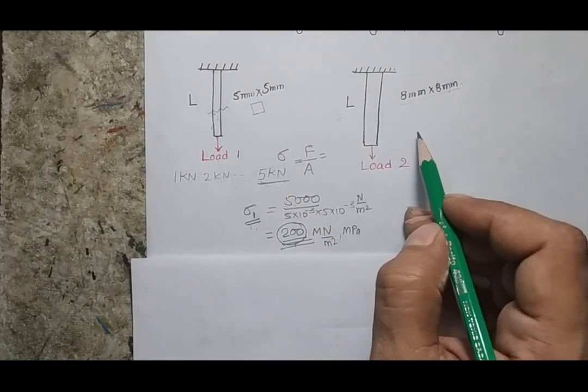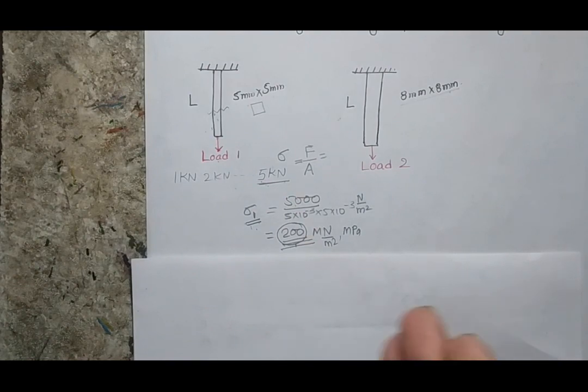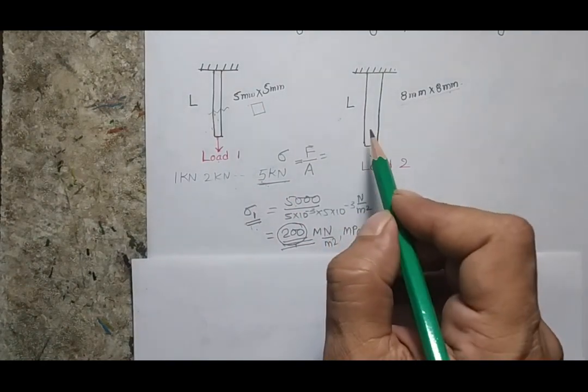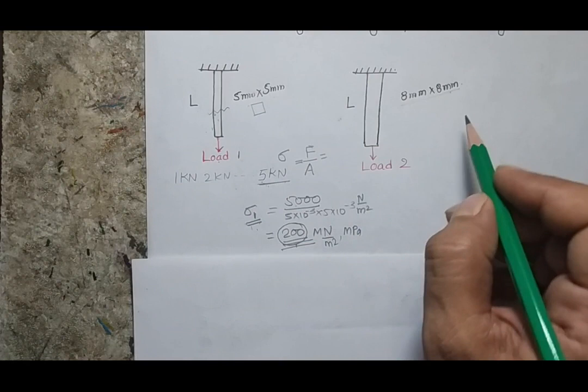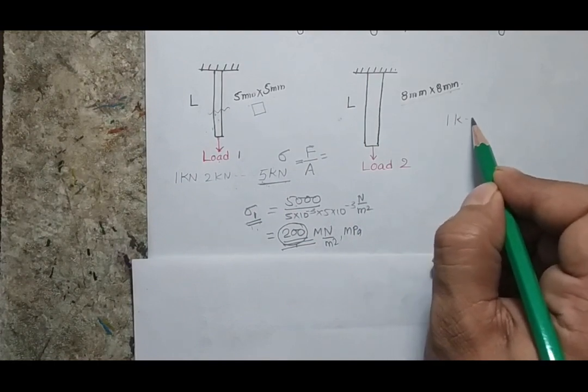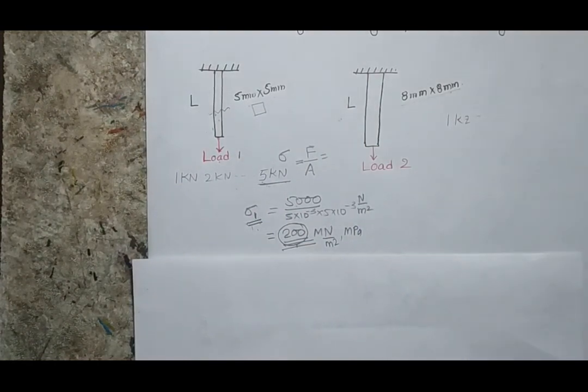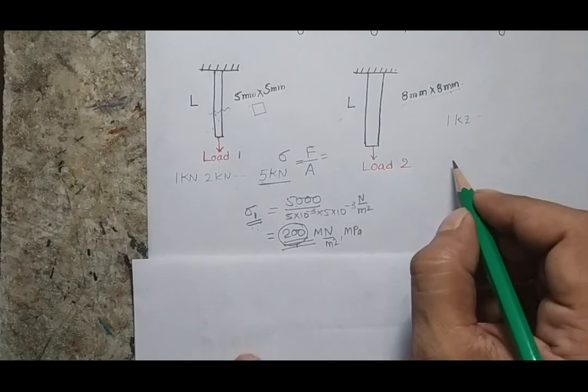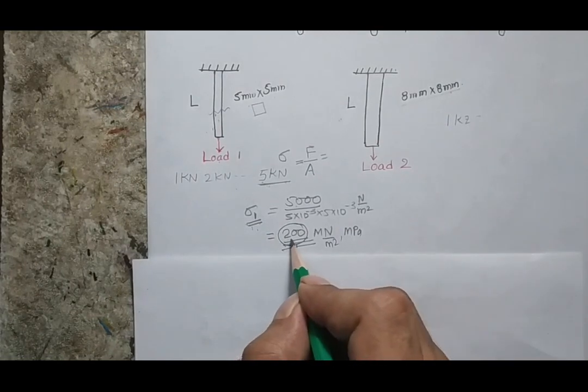We can also check here, as I am showing you, it's a virtual example. Definitely if the second bar is of the same material, and I increase my load from 1 kilonewton to 2 kilonewton and so on, I will have a failure which will be equivalent to a stress value of 200.